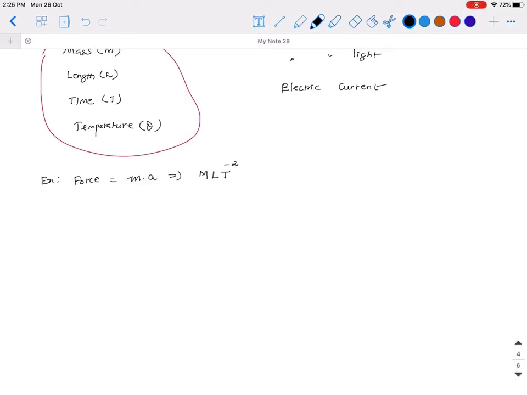For pressure, which is force per area, we need to divide this by length squared, so that will be M L^-1 T^-2. So the dimensions of any other quantity can be expressed in terms of these primary dimensions. It can be viscosity, surface tension, anything can be written in terms of these primary dimensions.